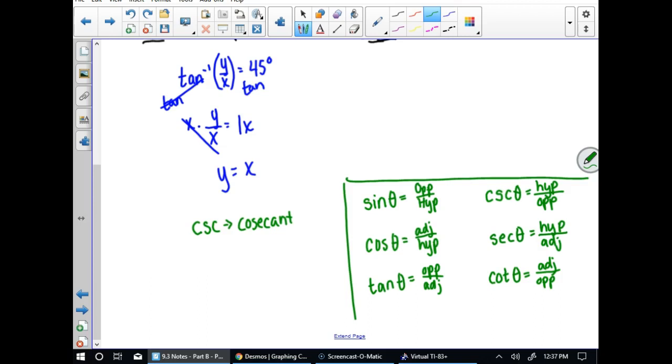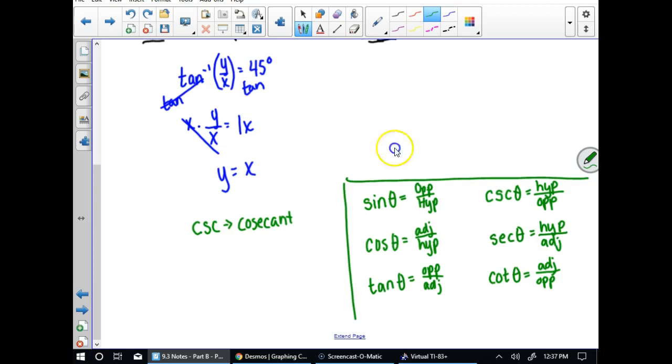So sine goes with cosecant, meaning cosecant is just the reciprocal of sine. We just flip sine. Cosine goes with secant, meaning if we have secant, we just flip our cosine. And tangent goes with cotangent, meaning that if we have cotangent, we just flip what we had for tangent.